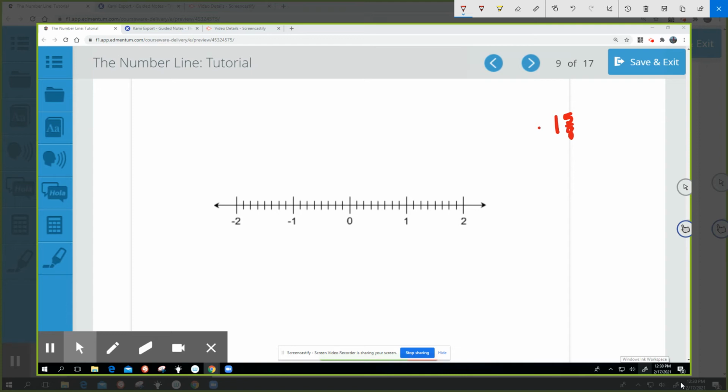The opposite is a negative, right? So -1 and 5/8 is going to be right there, because this whole has been divided into 8 equal parts, and we need 1, 2, 3, 4, 5 of them. That's -1 and 5/8. Okay?